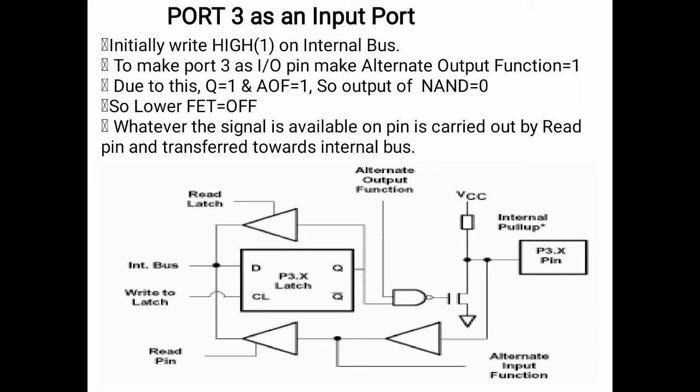Port 3. The structure of port 3 is somewhat similar to port 2, but in case of port 2, all 8 bits have the additional pin function of working as the higher order address bus.